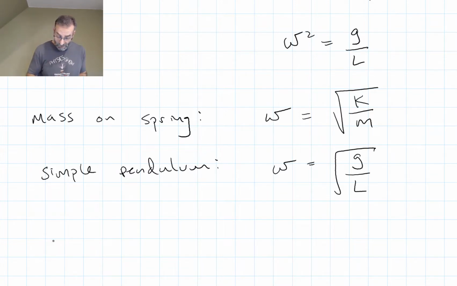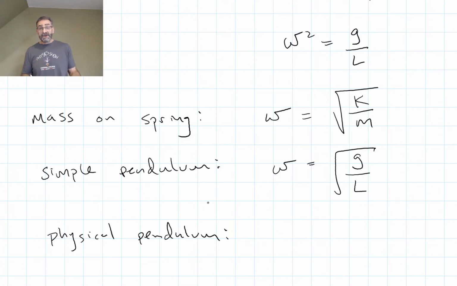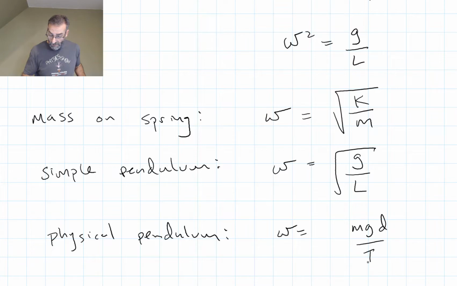And for a physical pendulum, you can do that also. And what you'll find is that omega is the square root of mgd over I. d is the distance from the pivot point to the center of mass. And I is the rotational inertia of the pendulum about the pivot point.